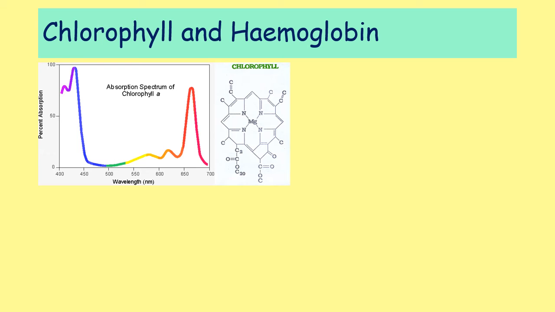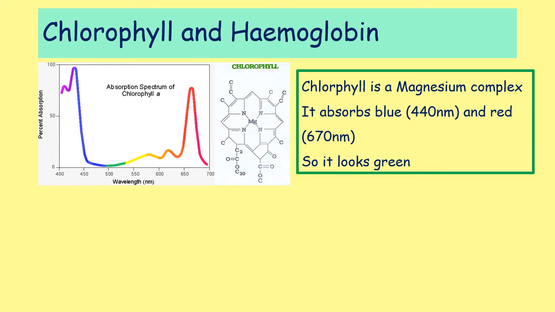Where it doesn't absorb, that's the color of light that passes through the molecule. So the colors of light that are green and yellow, those are the ones. So chlorophyll is a magnesium complex. It absorbs blue and red, and so as a consequence it looks greeny yellow. That's why the majority of plants look green.